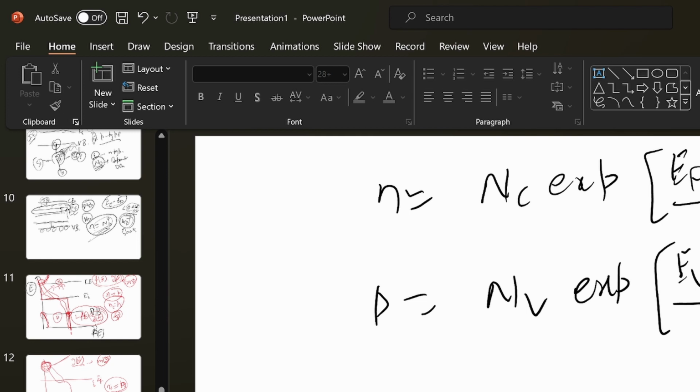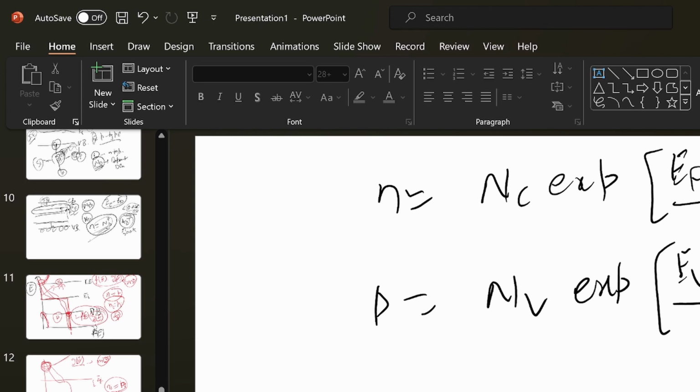Another thing is, if we multiply these two, n multiplied by p is equal to Nc into Nv into exponential of (EF minus EC) plus (EV minus EF) divided by kBT.